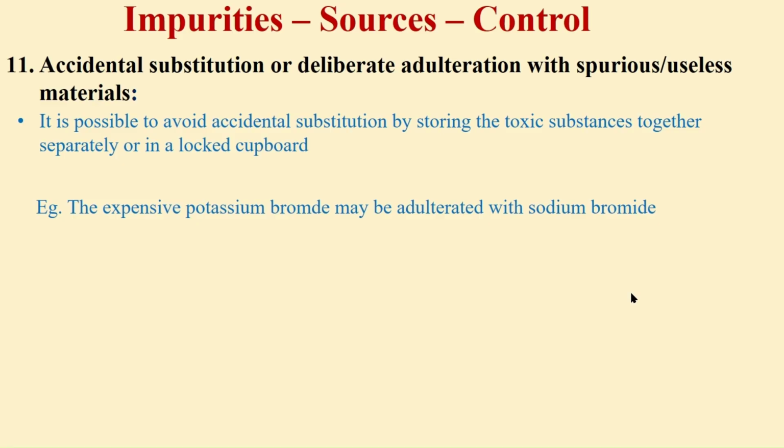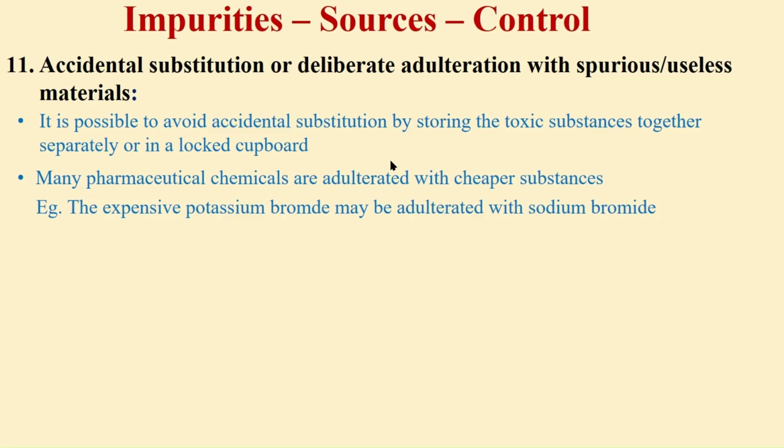Accidental substitution may occur; it is not in our hands. That's why proper care should be taken to segregate the toxic substances which are used in the process, and they should be kept separately and locked in a cupboard.